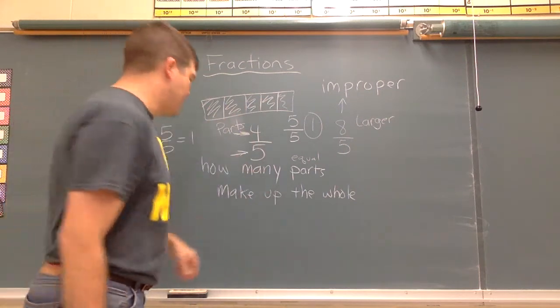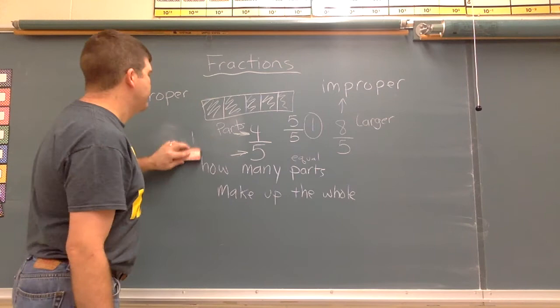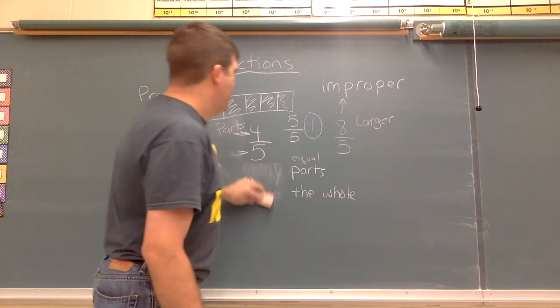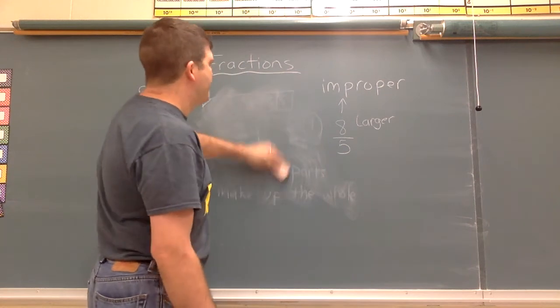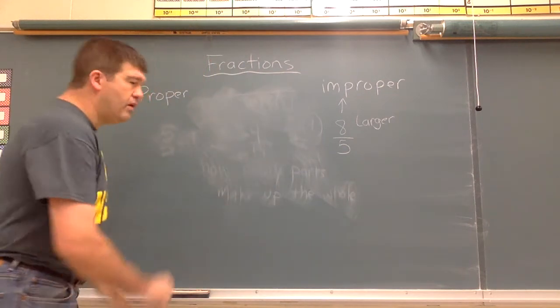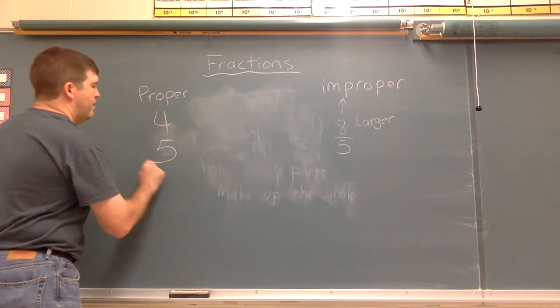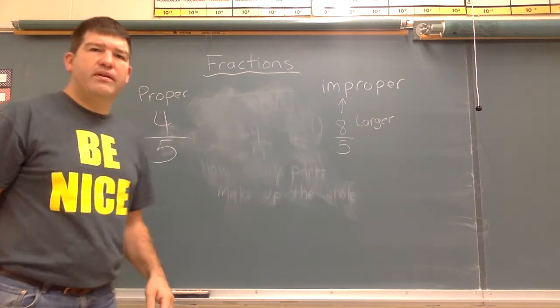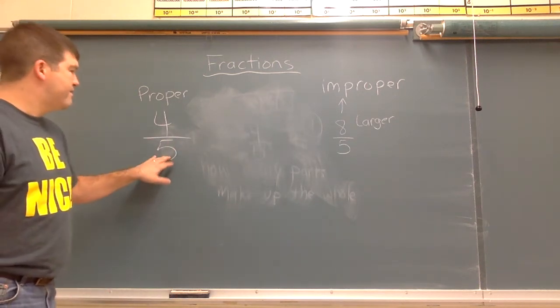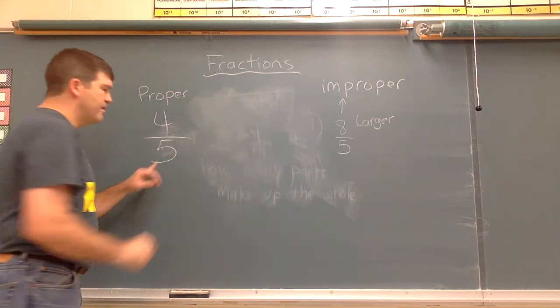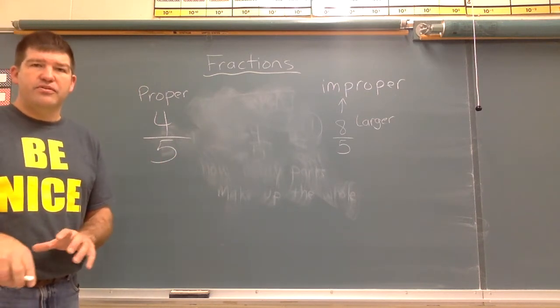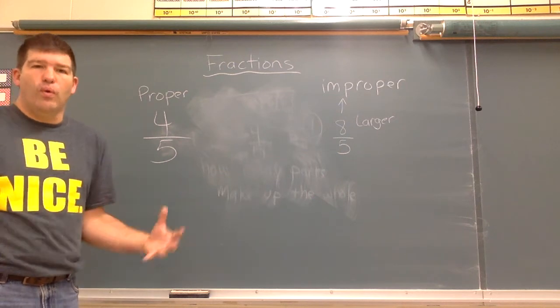Okay? So, proper fractions. I'm going to move this 4/5 over here. And we know that that's a proper fraction. The 5 is the denominator, the bottom number. The denominator tells you how many equal parts make up a whole.